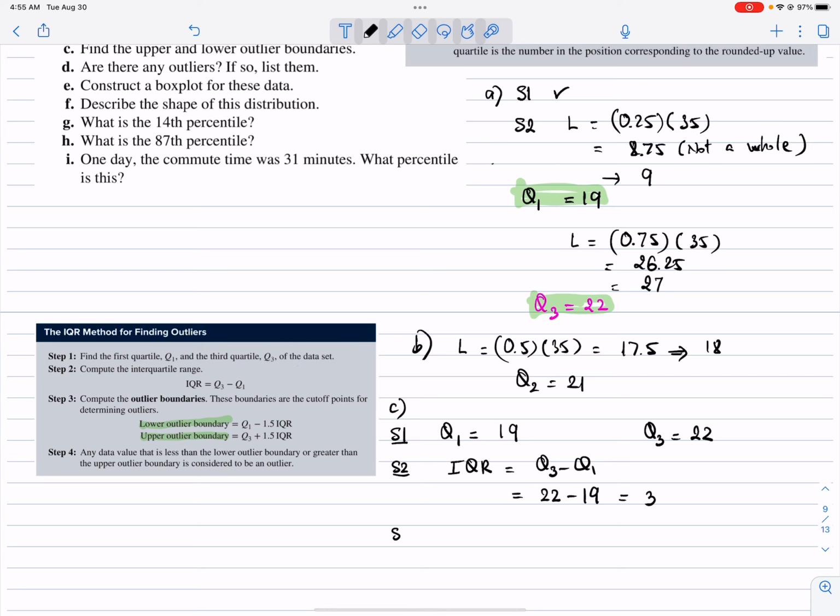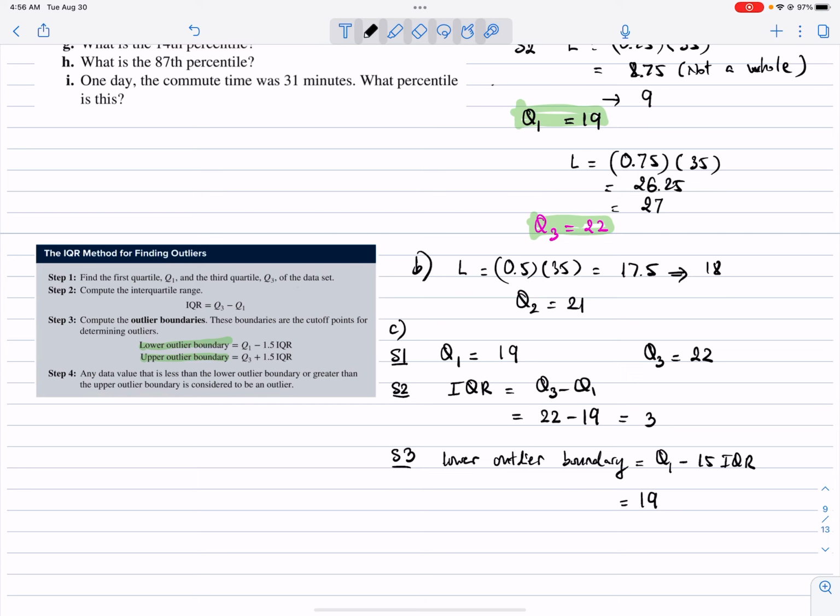Then step number 3, we find the lower outlier boundary. It is equal to Q1 minus 1.5 times IQR.